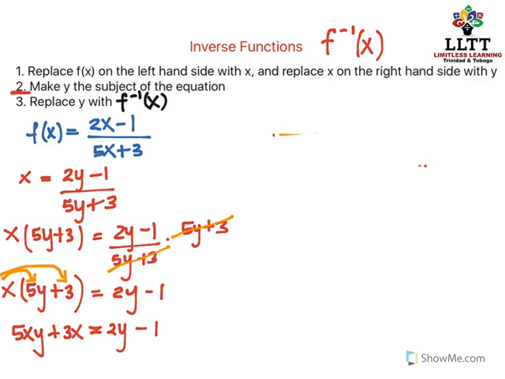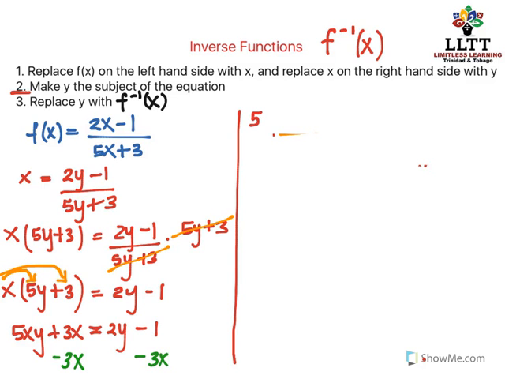Now, I want to put everything that involves a y on the left-hand side and everything that doesn't involve a y on the right-hand side. So I'm going to take away 3x from both sides, because I have 3x on my left-hand side and I don't want anything that doesn't involve y on my left-hand side.